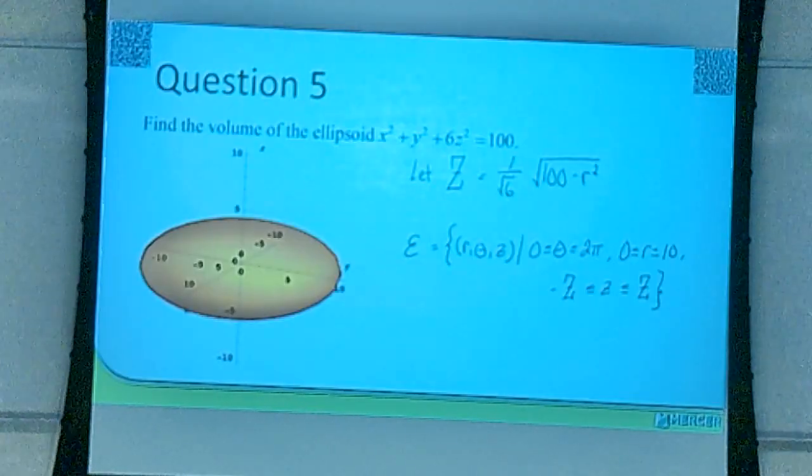That would be the description for the ellipsoid in cylindrical coordinates.